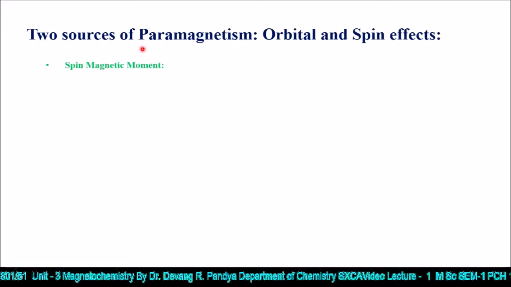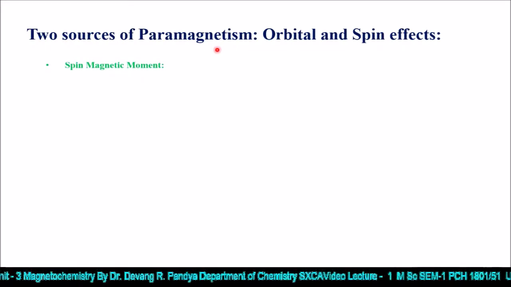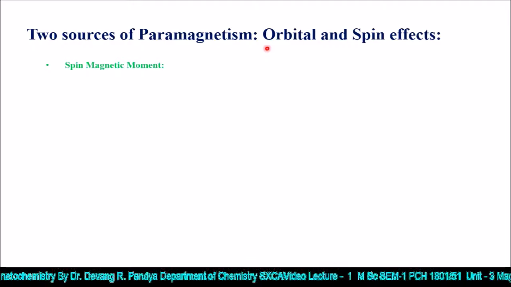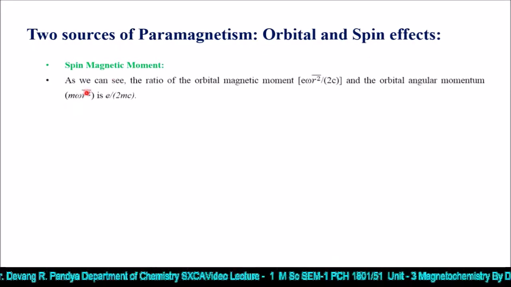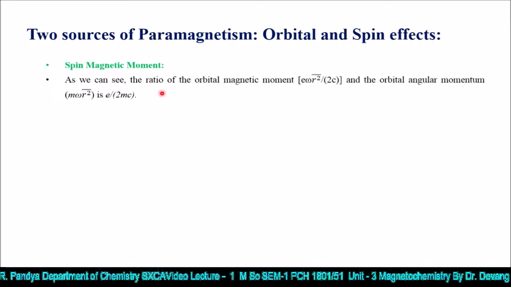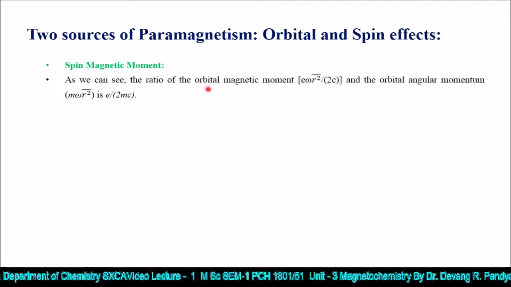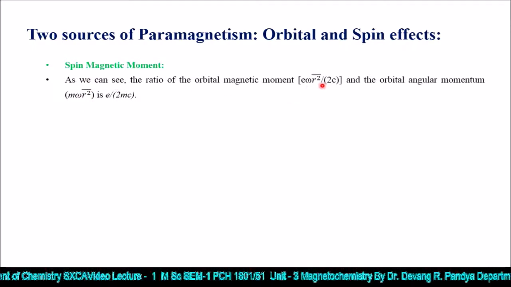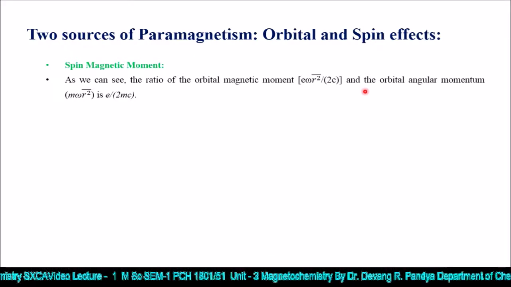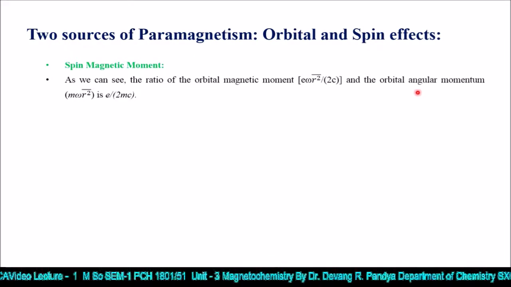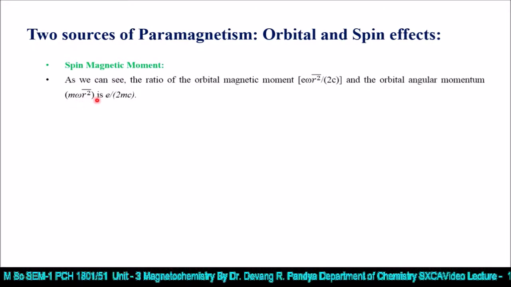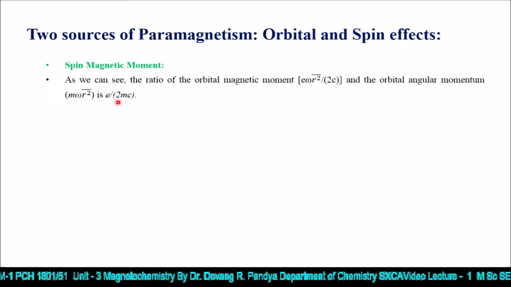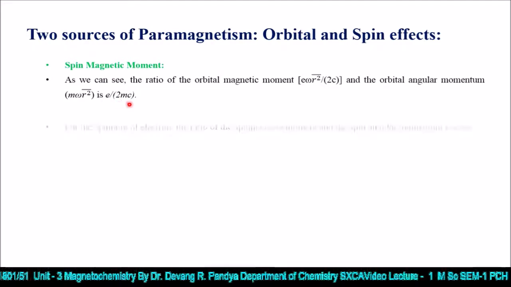We are discussing two sources of paramagnetism, in which orbital we have discussed. Now the spin effect, the spin magnetic moment. As we can see, the ratio of the orbital magnetic moment, that is e omega r square by 2c, and the total orbital angular momentum, that is m omega r square, is e by 2 m c.